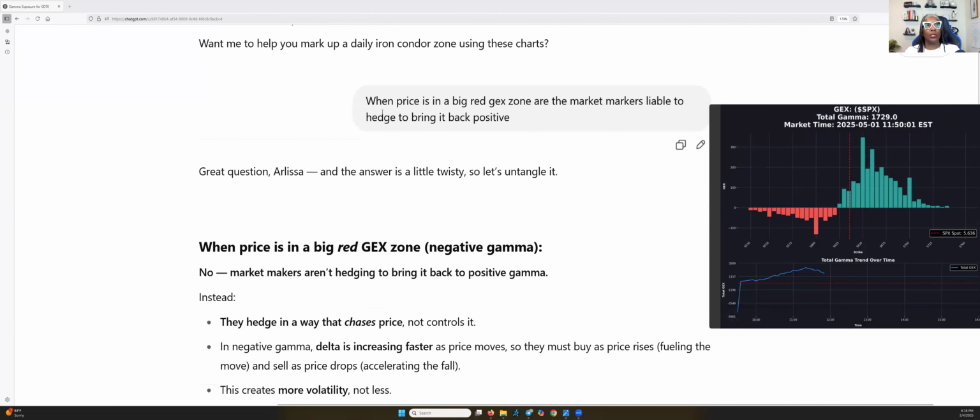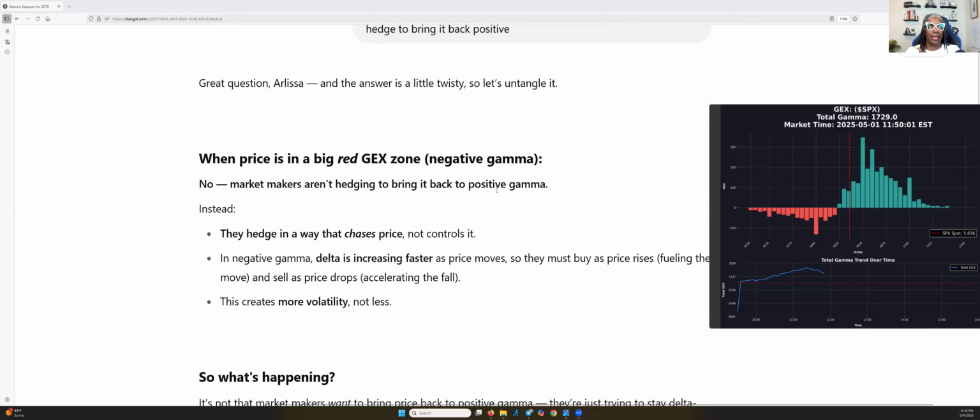Okay, so then I asked the question, when price is in the big red GEX zone, are the market makers liable to hedge to bring it back positive? So I was asking if it gets down into the red, are they going to try to bring it back positive? Chad said, great question, but the answer is a little twisty. Let's untangle it.